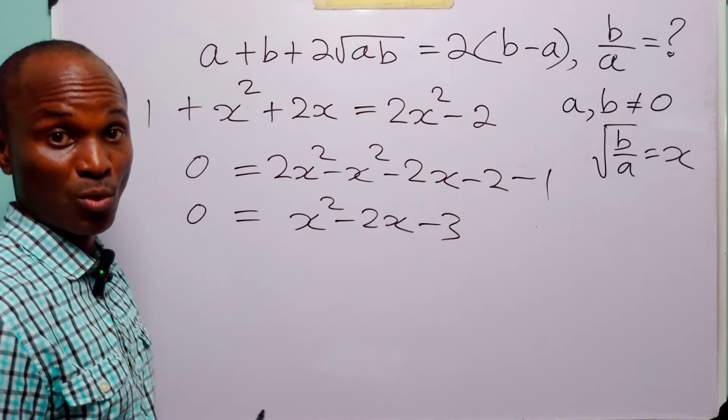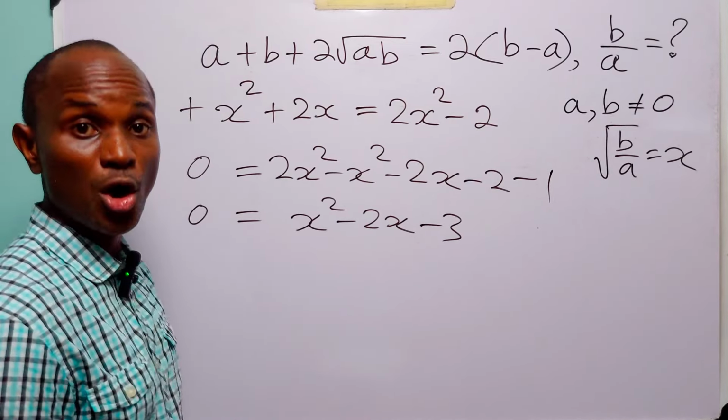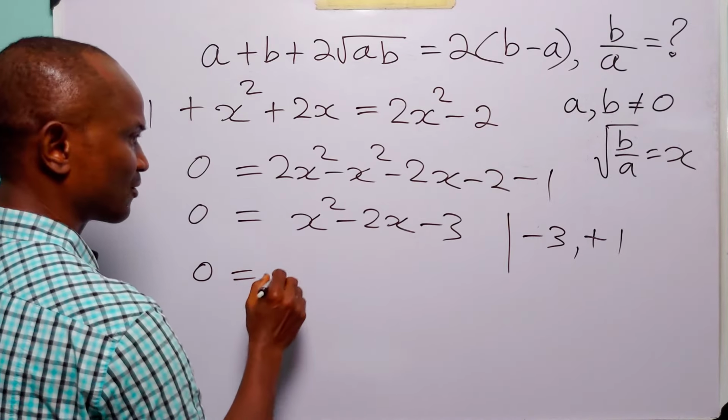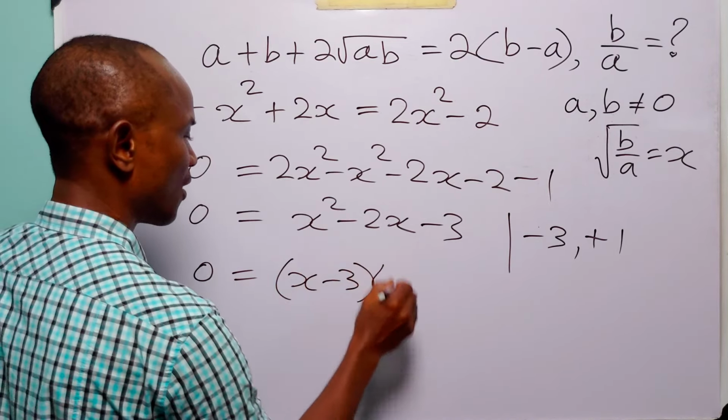You can see that we have a quadratic equation, and we can factorize this quadratic equation. All we have to do is to find the factors of minus 3 that add up to minus 2. Now we have minus 3 and plus 1. So factorizing this equation, we have that 0 is equal to x minus 3 multiplied by x plus 1.